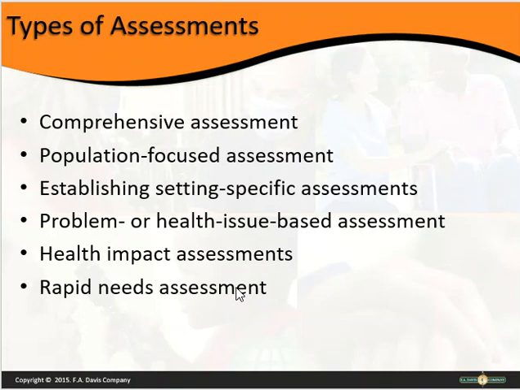Your book identifies the different types of assessment: comprehensive assessment, population-focused assessment, which is more like a specific population, like children with asthma, school-aged children or the elderly, and then the health impact of those assessments, and rapid needs assessments. It's all very clearly identified in chapter 4.